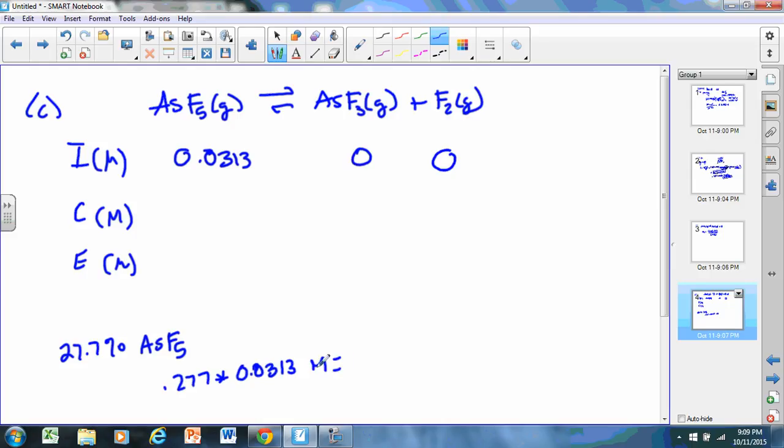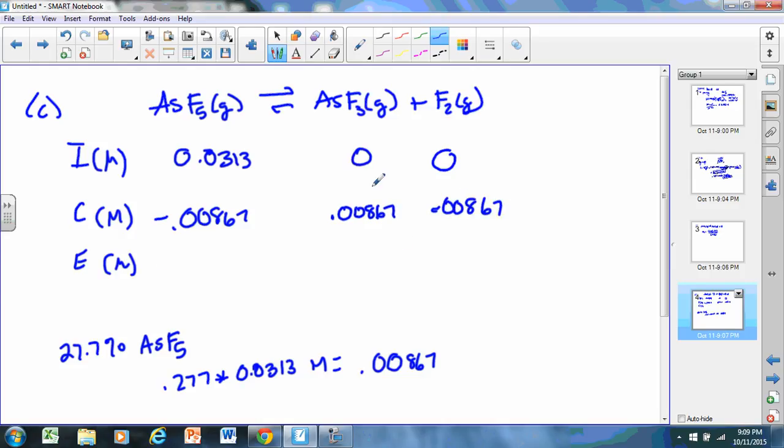When I do that, this answer ends up being 0.00867. So that means 27.7% of this goes away. And because of the 1 to 1 mole ratio, that means 27.7% of this comes up.